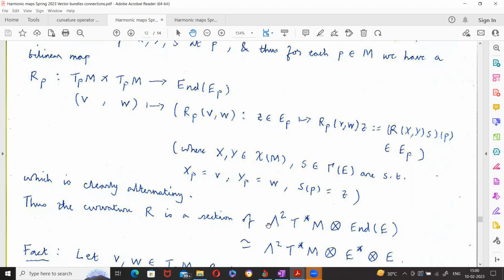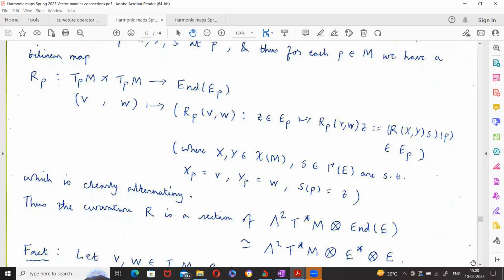It is the bundle of two forms, wedge squared of T star M, tensor with endomorphisms of the vector bundle E. Right? Okay. So this is what's called an endomorphism valued two form. Right? It's a two form, but with values in endomorphisms of the fibers.